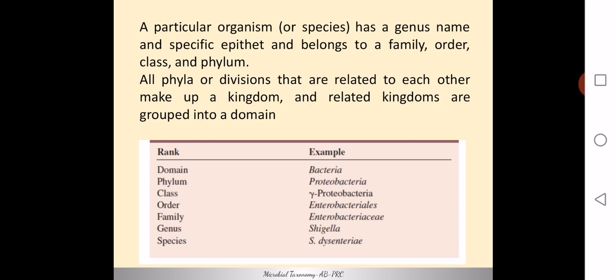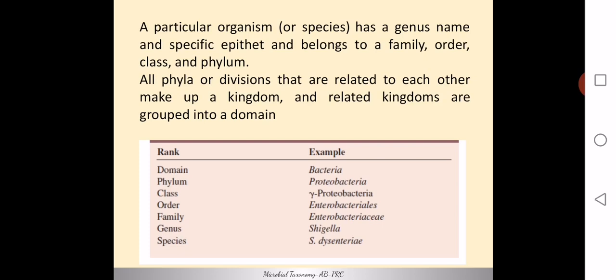For example, if you take family, a family is a collection of organisms in which similar organisms are classified. When you go up to the order, the order consists of different families which are related.